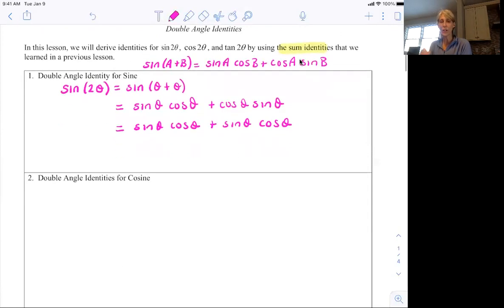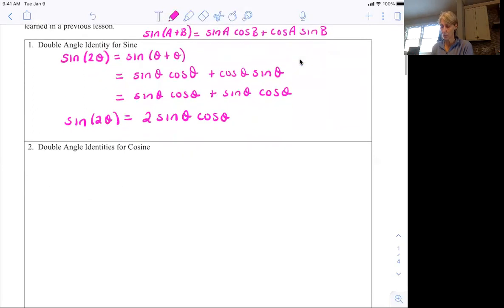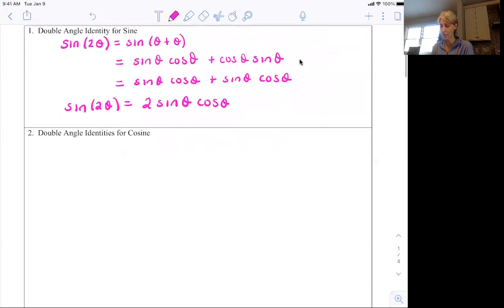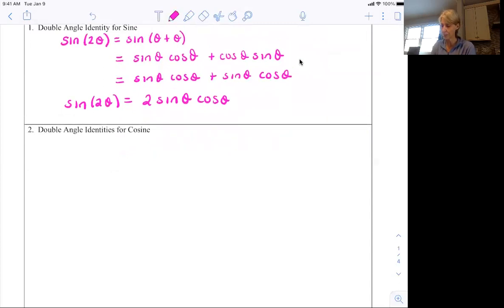And now we're adding two of the same things together, so we can say that the sine of 2 theta equals 2 sine theta cosine theta. And now this is just one other identity. If we ever see sine of 2 theta in something, we can replace it with 2 sine theta cosine theta. We can also evaluate different things with it. So we're going to talk about both of those things later on in the lesson.